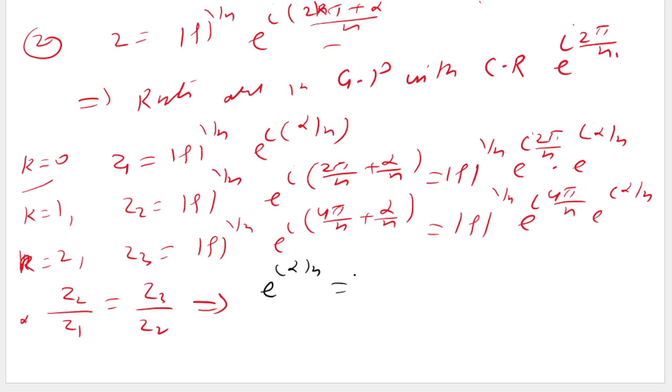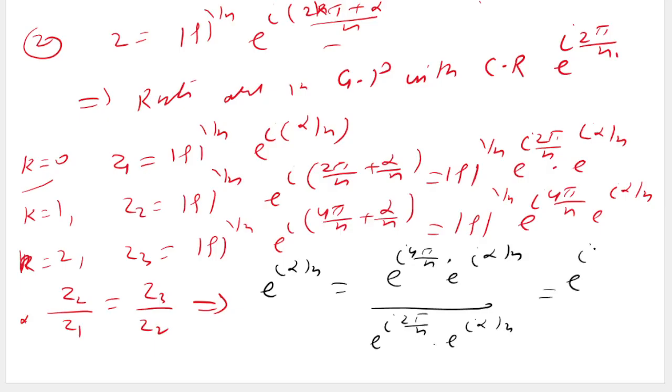Similarly, z3 by z2 is e to the power i 4 pi by n into e to the power i alpha by n, divided by e to the power i 2 pi by n into e to the power i alpha by n. The alpha terms cancel out, and we get e to the power i 2 pi by n. That is the common ratio.